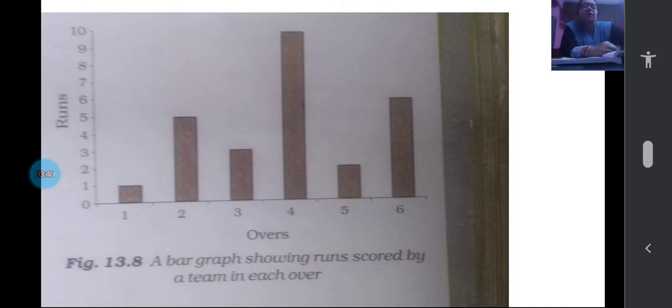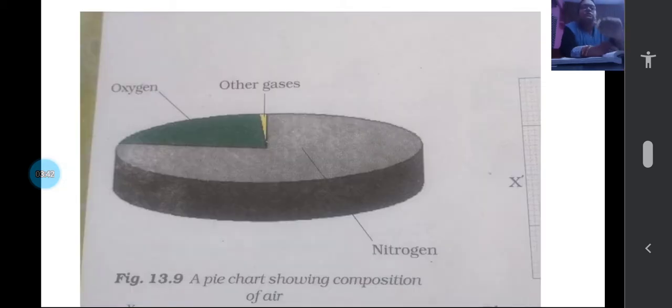This is one bar graph, and in the same way the pie chart represents the composition of air. When different colors are given, we can easily see what gases are present in the air. So generally graphs help us to understand concepts in an easy and attractive way.